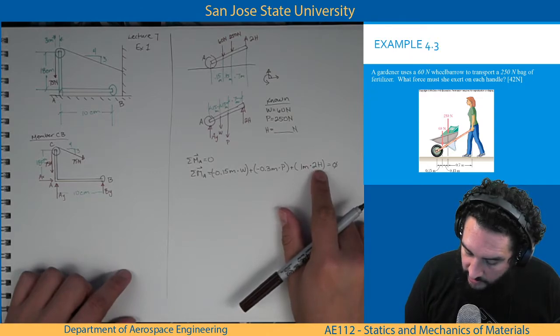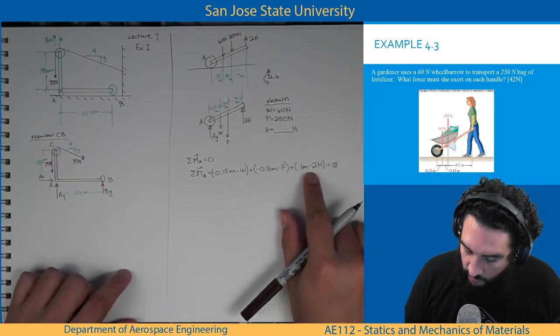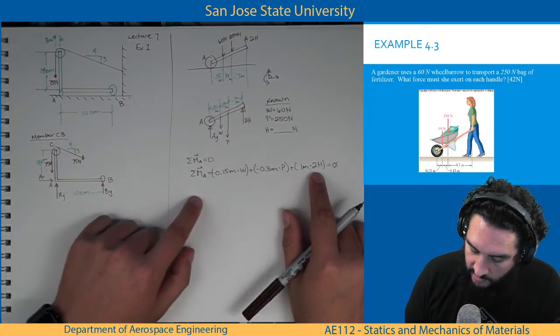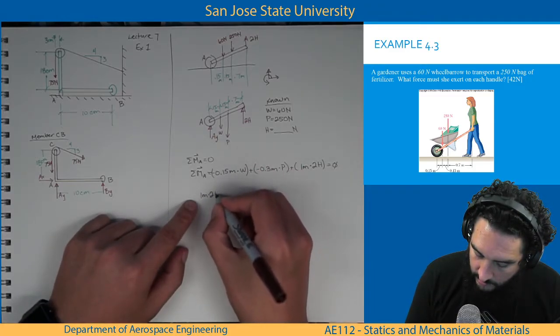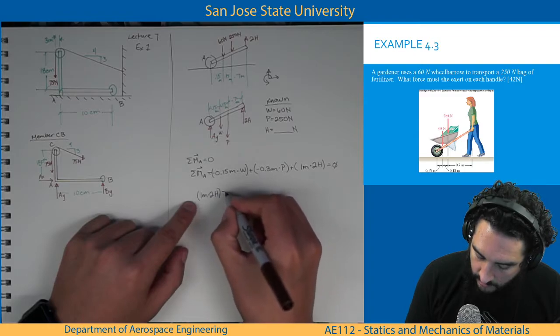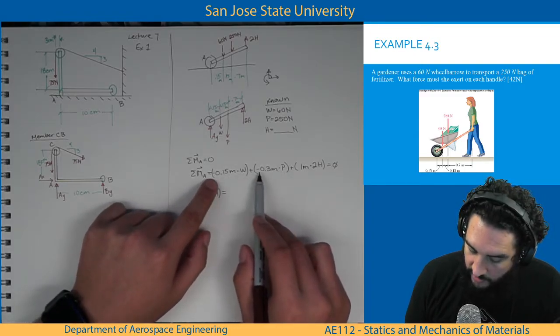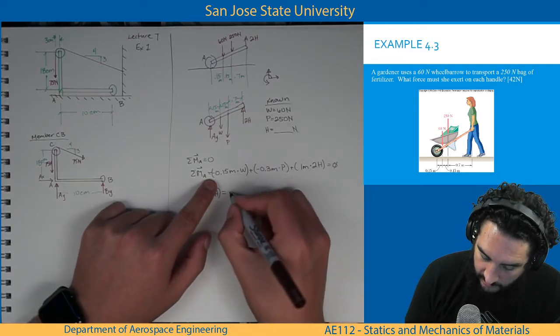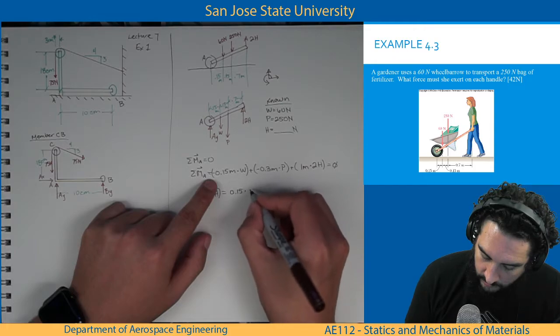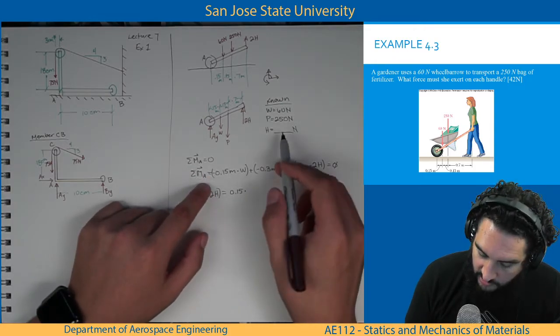Okay, so now this quantity is positive. We'll retain it on the left-hand side. These two quantities are negative. We'll move those to the right-hand side, and they'll become positive. I'm going to substitute numbers in here as well.